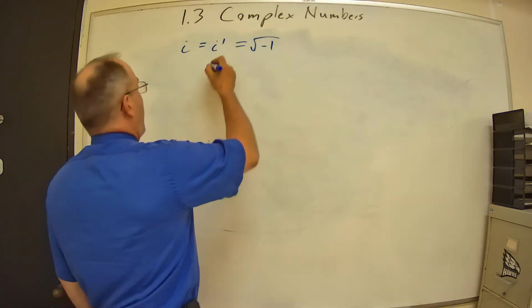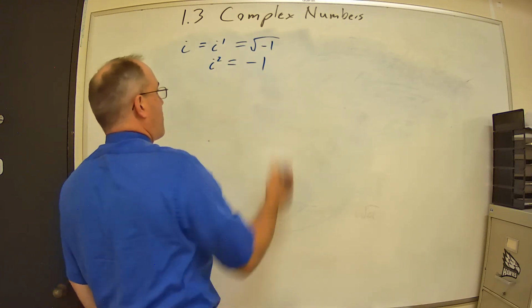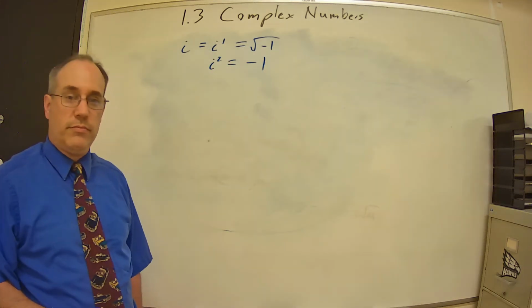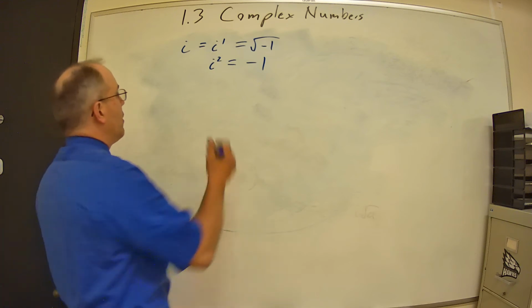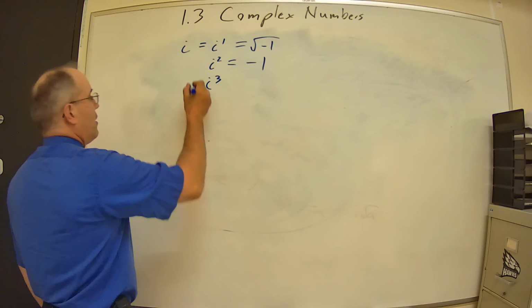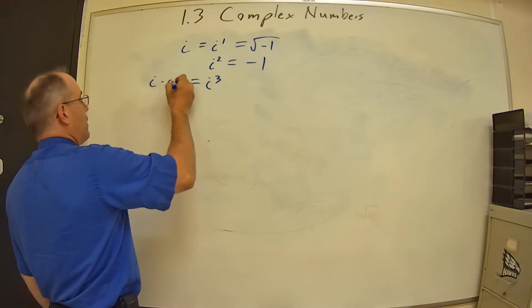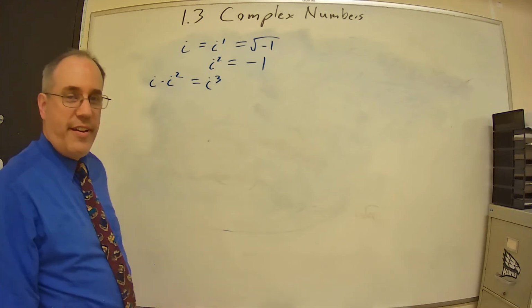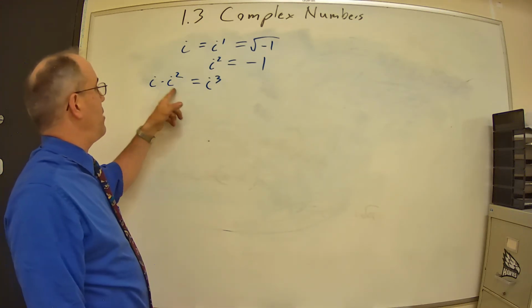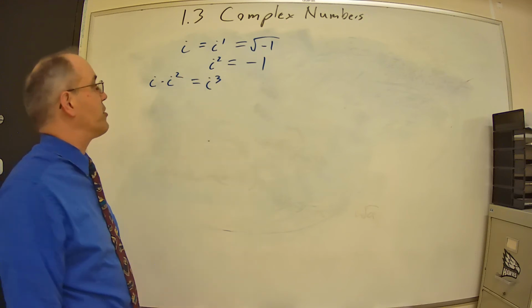And we said that i squared was equal to -1. i cubed is equal to i times i squared, right? i to the 1 times i to the 2 gives you i to the 3. You add up the powers.